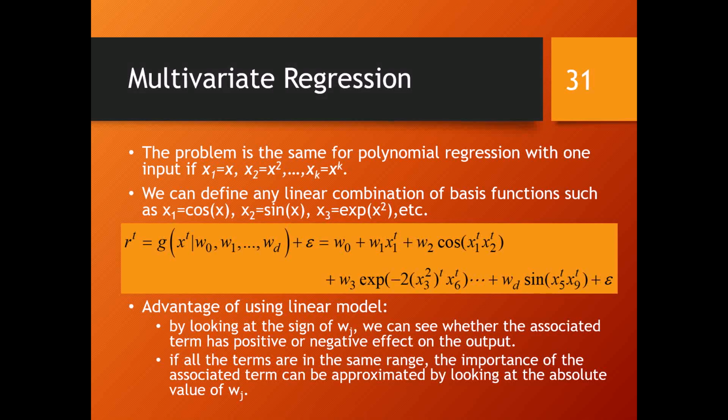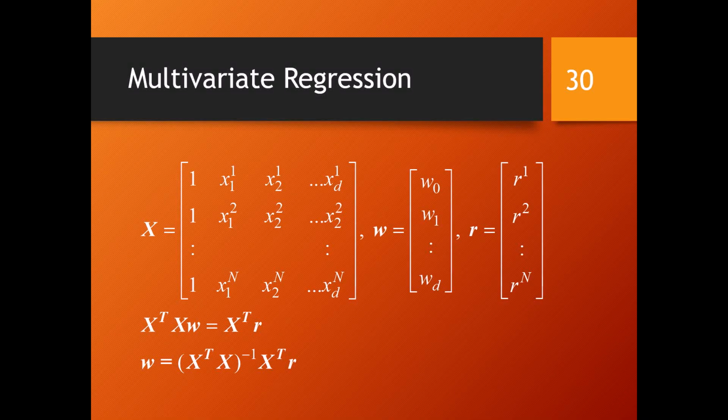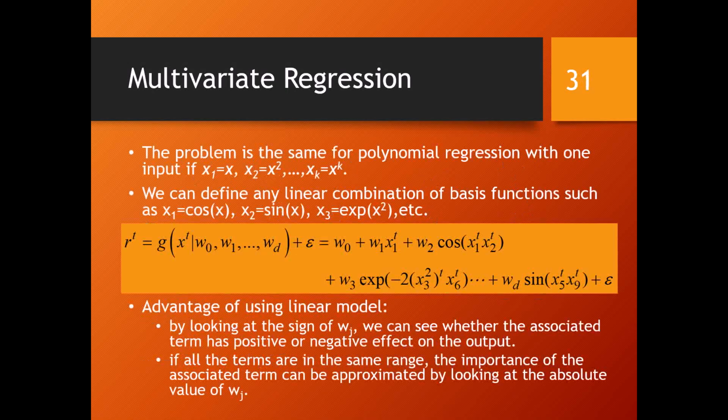So we could apply this kind of linear regression model to solve the nonlinear problem. The assumption is that the basis functions can be nonlinear, but they have to be in linear combination.